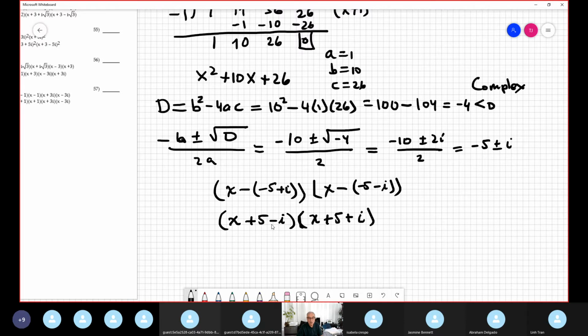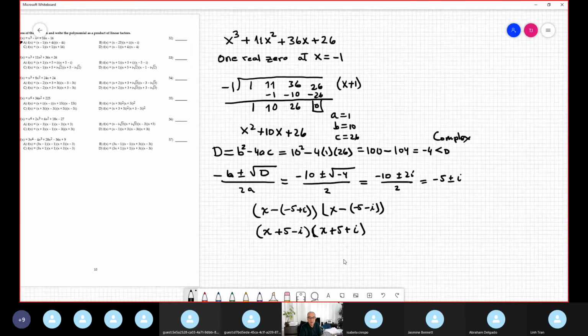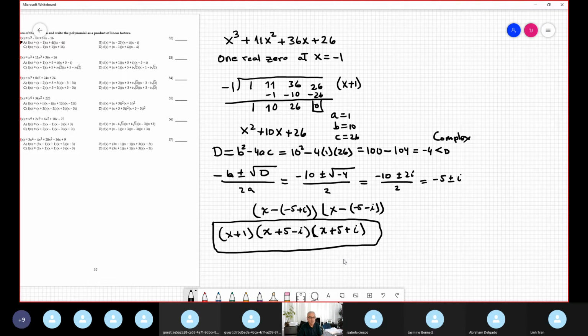Okay, so what is the final answer? What is the super fantastic factorization of this? Remember, degree 3, I detected one real zero, which is x plus 1, and this is the total answer of the factorization. Well, I suppose it's B, no? Let me see.